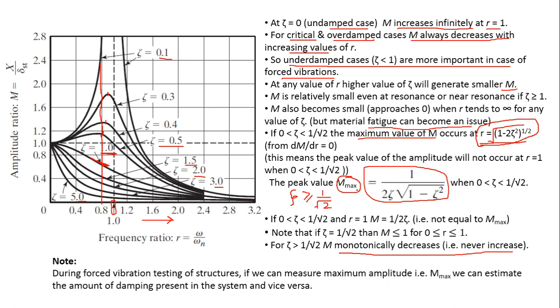This is the maximum or peak value of the magnification factor: 1 upon 2 zeta under root 1 minus zeta square. The value at the peak of these curves, wherever these peaks are shown, is given by this expression, and this is only valid when zeta is greater than 0 and less than 1 upon under root 2, because for zeta greater than or equal to 1 upon under root 2, there is no peak.